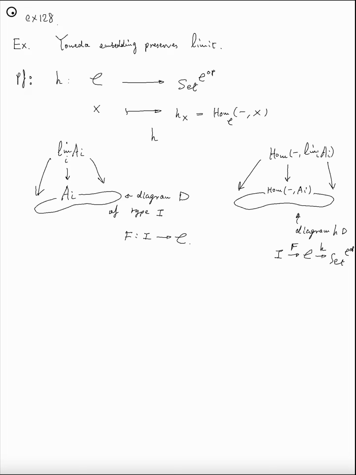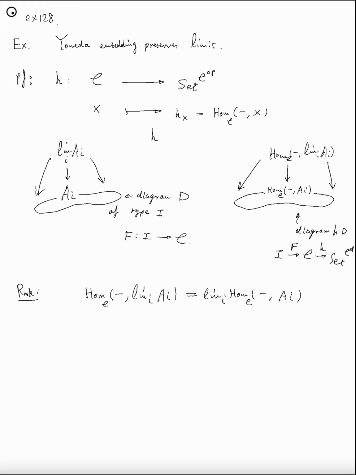So the first attempt was this. I was trying to use the fact that this is in the category C, and that this is the same as Hom of A_I.